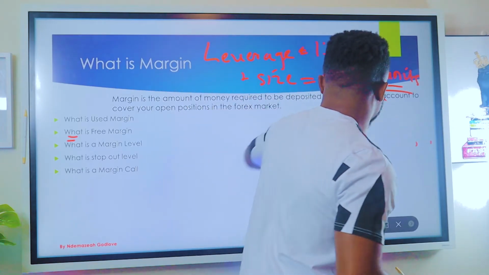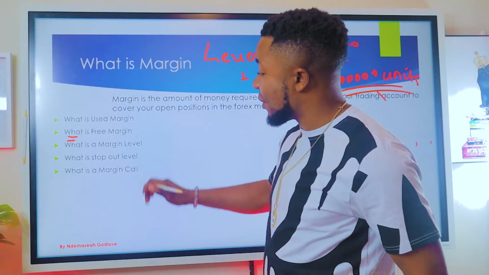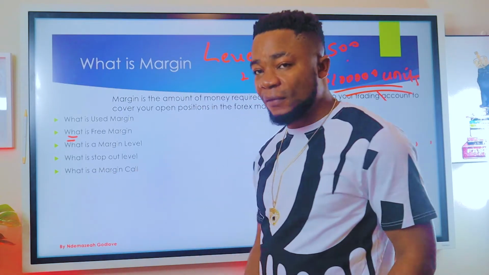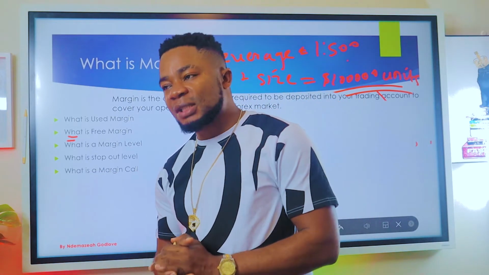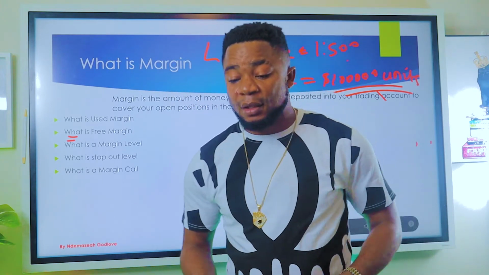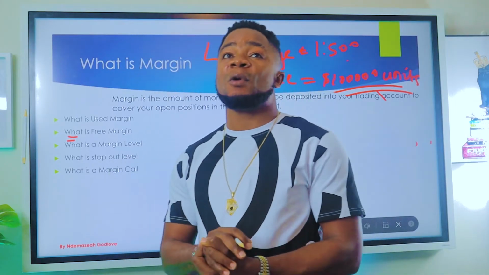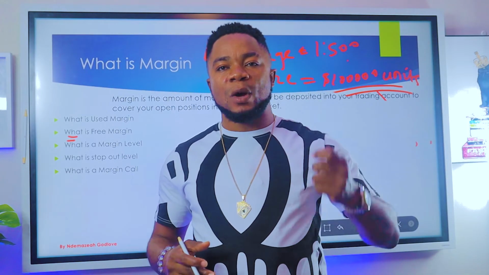So let me clean all of this. Good. So after explaining what is free margin, what is a stop out level? Just like I explained, in olden days when the system was not yet automated, there were instances where your broker would actually take a phone call.